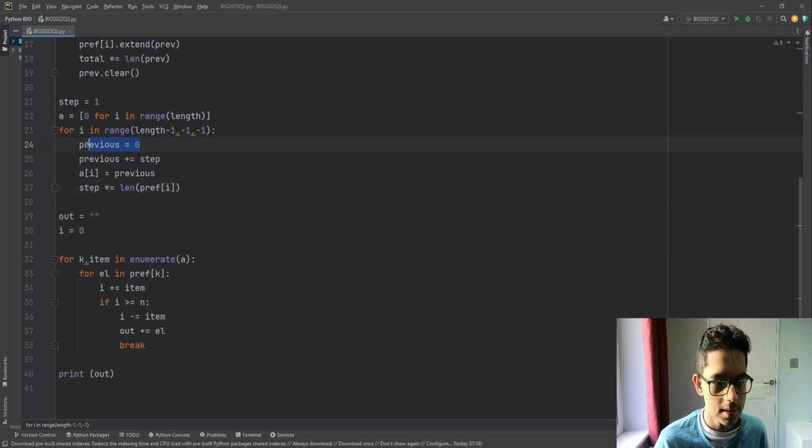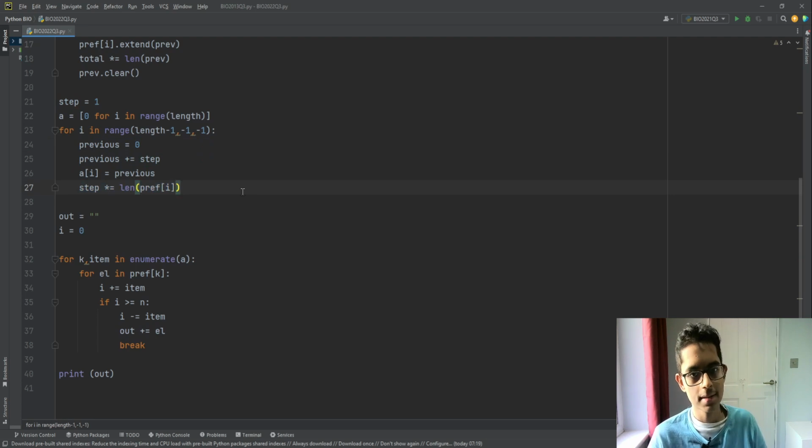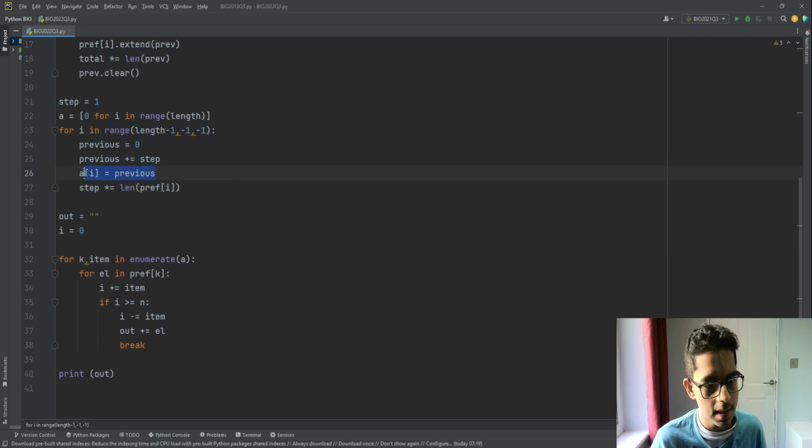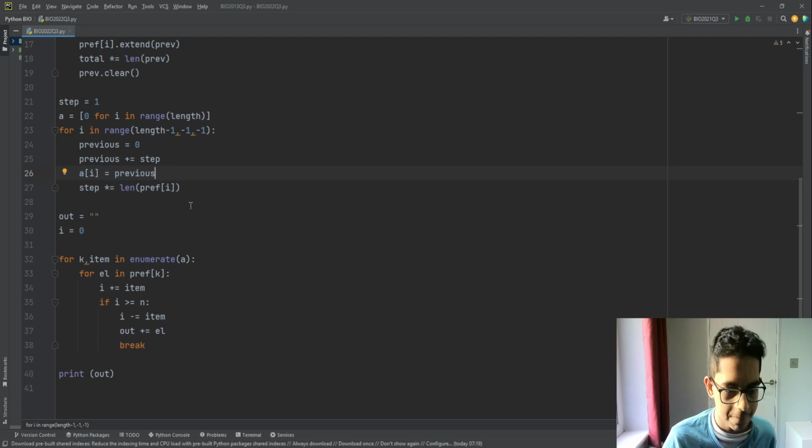And now we set previous to 0, obviously, since previous is basically the number of previous choices which we had, which is initialized to 0. And then we increment it with step, where step is the number of choices which we had in the subsequent one. And now we just set AI to equal previous, since that means that AI would be the number which is in the previous thing.